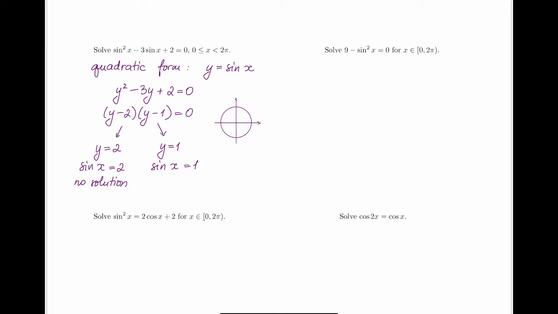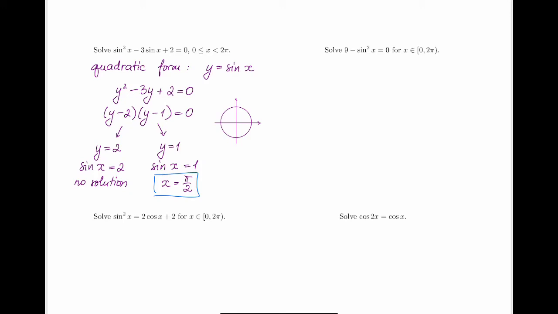The y-coordinate on the entire circle is equal to 1 only once, at this point right here, so at pi by 2. You can, of course, get the exact same information by using the inverse function on this expression. I'm not going to have to add a period to this because I'm restricted to x being between 0 and 2 pi, so this is my only solution to this equation.